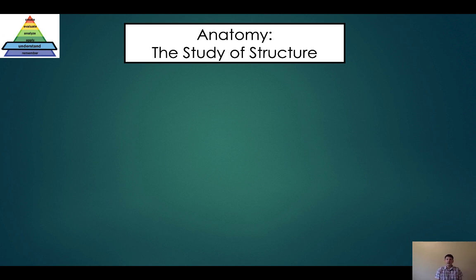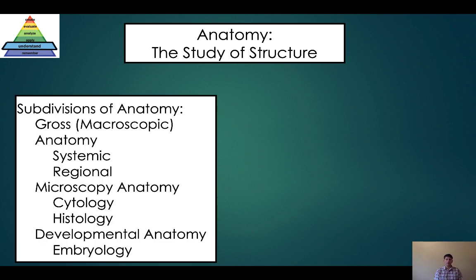So the anatomy part, right? Let's start there. So the study of structure. So we can break down anatomy into different subdivisions. We can talk about the gross anatomy. So as you progress through your semester here at NAU, you may take gross anatomy. I think it's 416 with Dr. Abel.